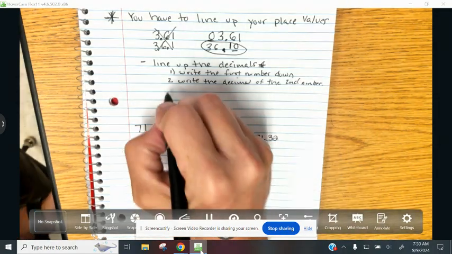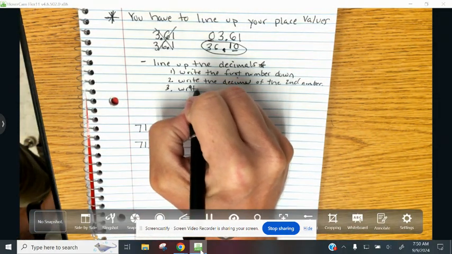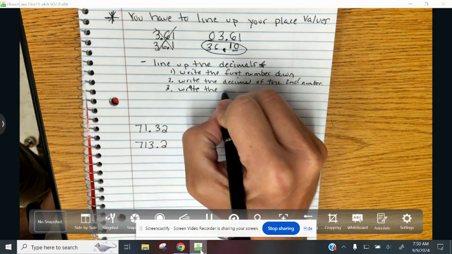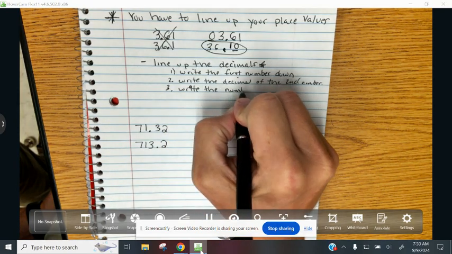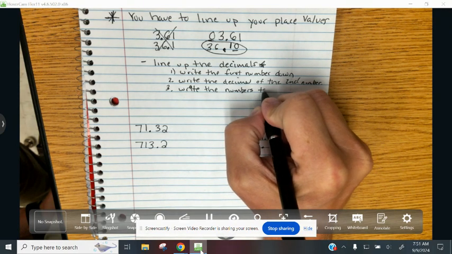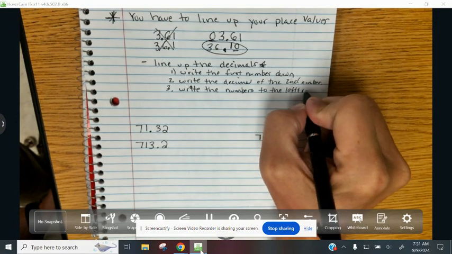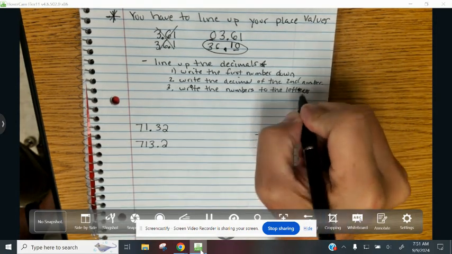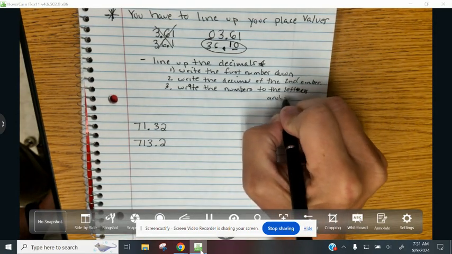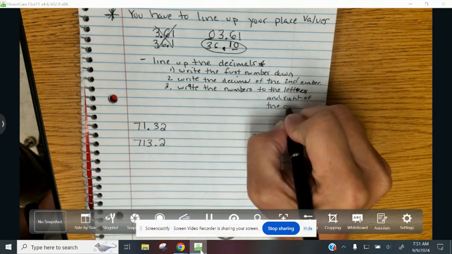Okay. Then I'm going to write the numbers to the left and right of the decimal.